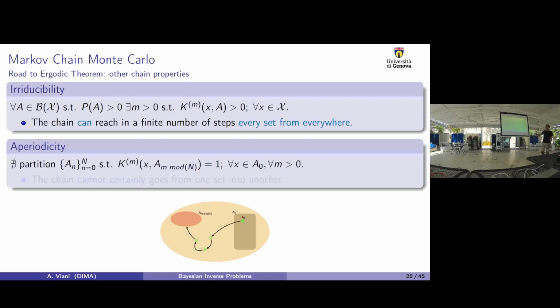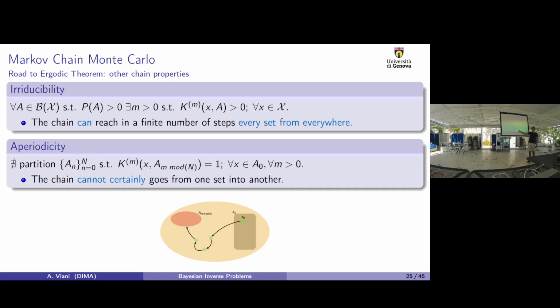And then there is another property useful for the convergence theorem, the so-called aperiodicity. Aperiodicity means that nothing is predictable, so there cannot be the fact that I start from somewhere and then I certainly go to another place.